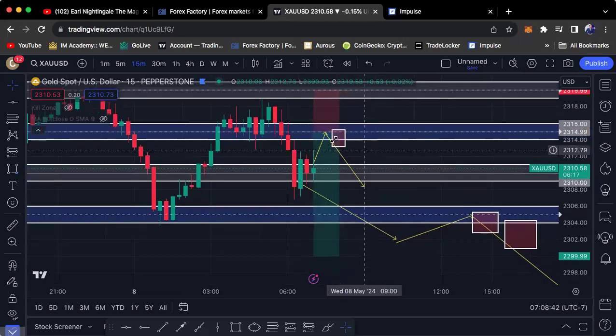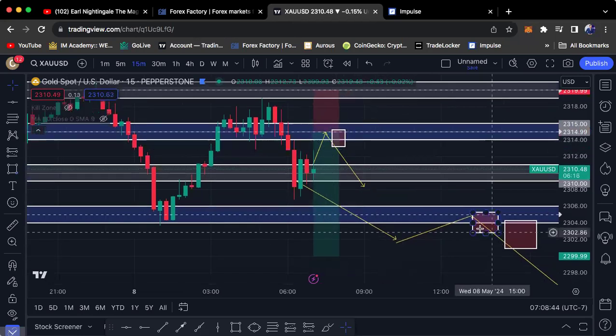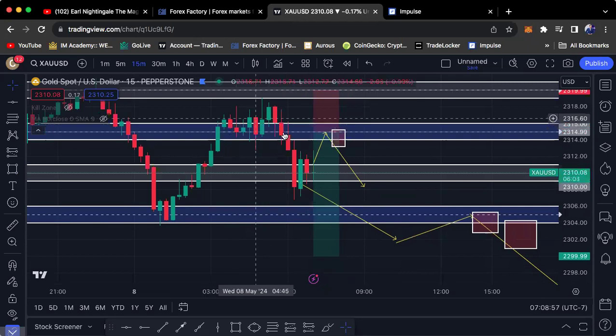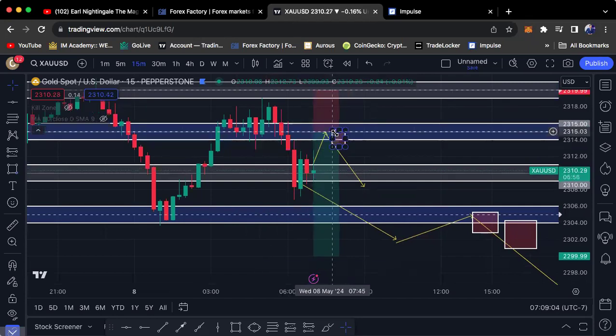Just following the same rules like I did here. Because price broke below the support zone, it broke below, supported here, and then this is a break and retest. You see? Break below this zone, and then it may come back up to retest the zone.